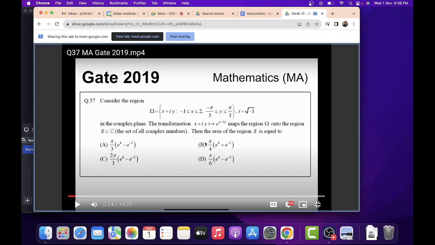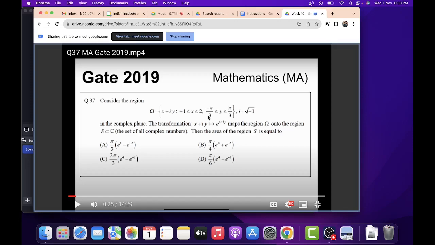You can also see what this region will look like, and you can draw it. This is basically a rectangle in omega: x from -1 to 2, and on the y-axis from minus pi by 3 to pi by 3. Note the important thing that this map, z goes to e to the power z, is a conformal map.